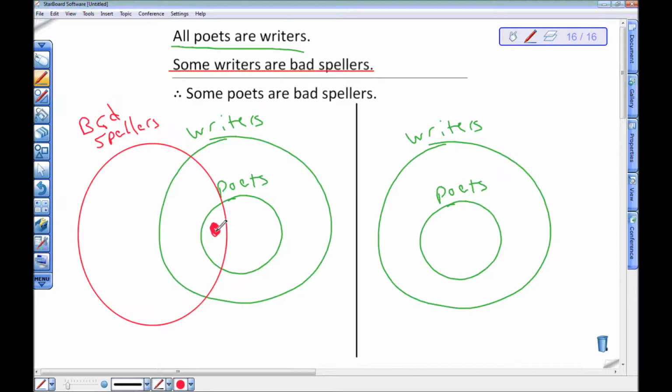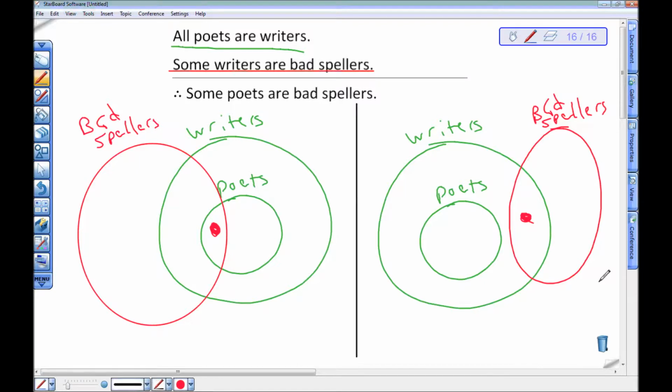Or I could have my circle for bad spellers just intersect with writers and have that dot there. Both of those pictures represent the second premise on top of the first one, that some writers are bad spellers.